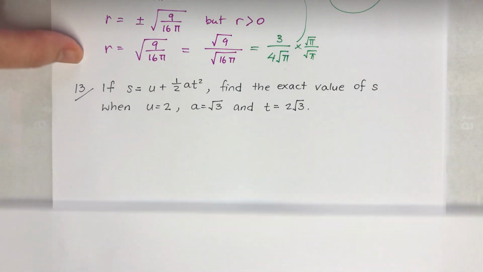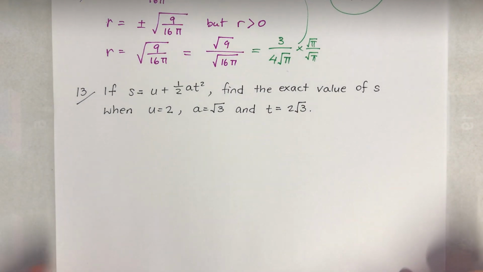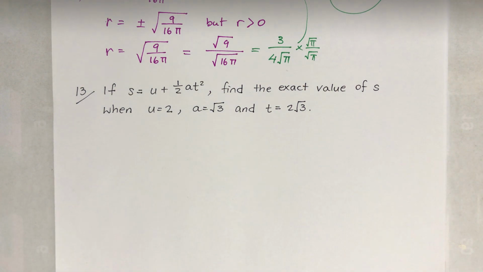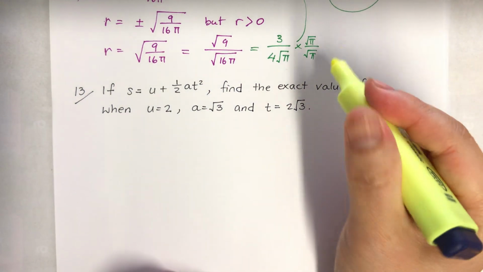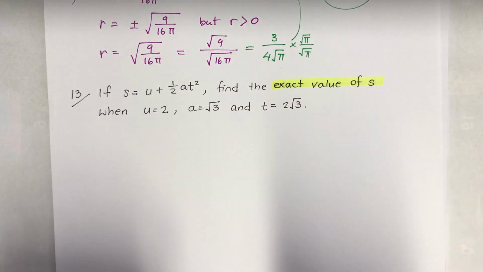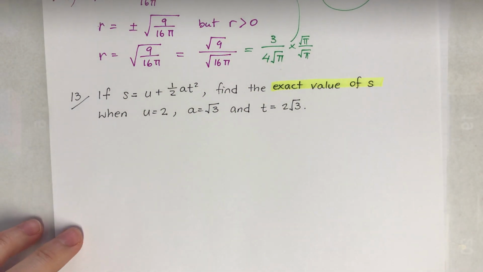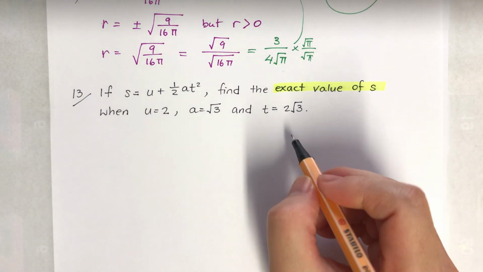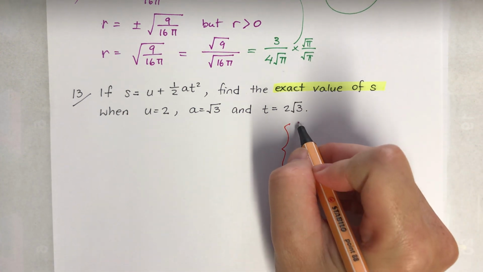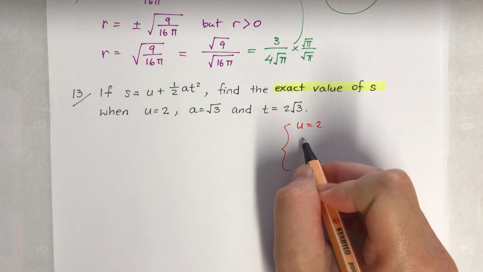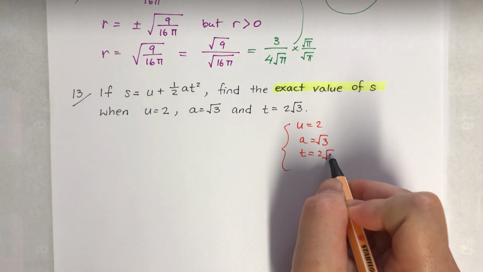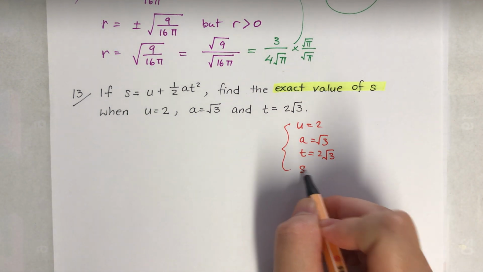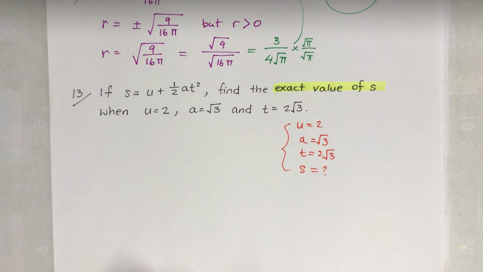Excellent. Okay, question 13, here we go. Very similar, and again, highlighter, exact value of S, and all the given stuff is here. So again, I'm going to write all the things given to me by the question, and S is what we have to find.